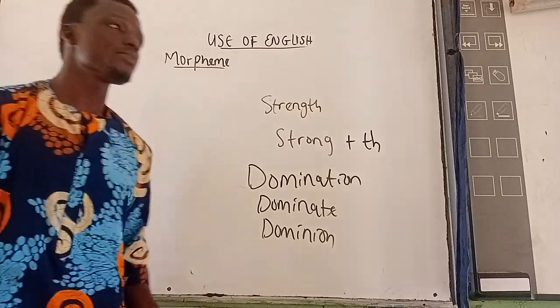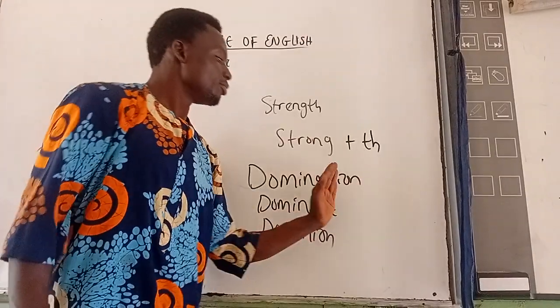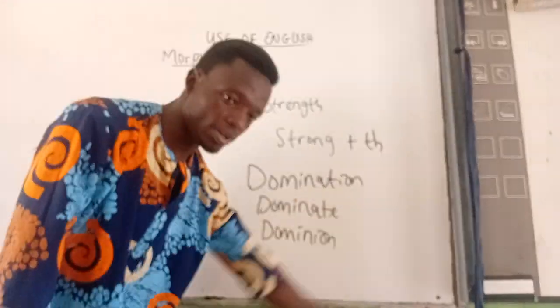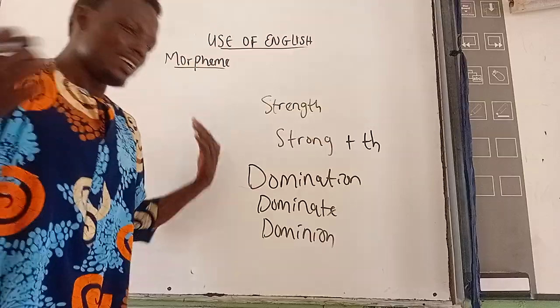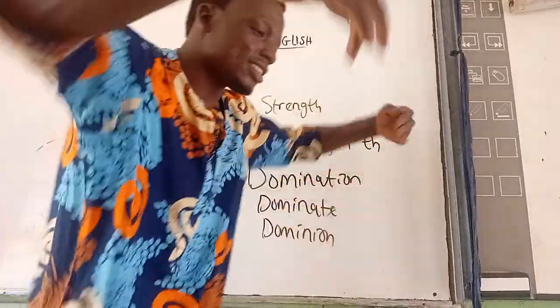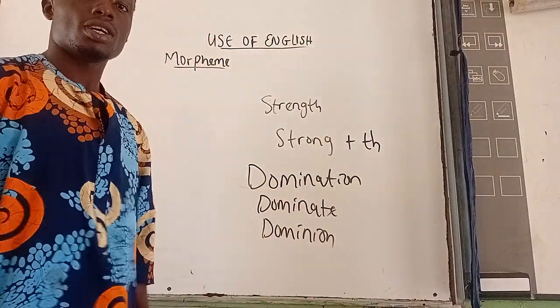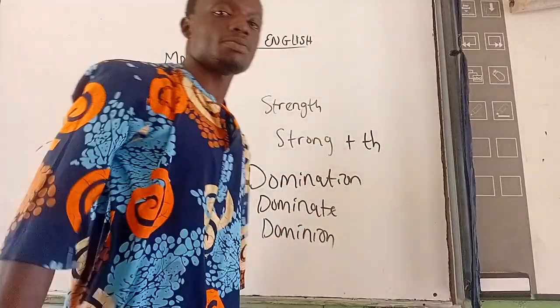We can only say it's three morphemes because as we are removing those bound morphemes, or replacing them, the three still refer to ruling, having power over something, having authority over something.